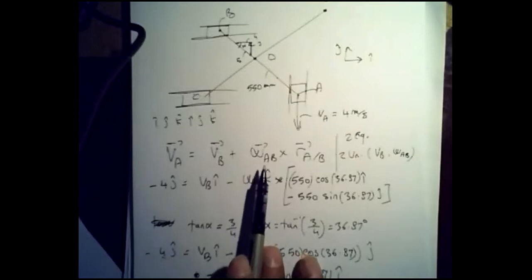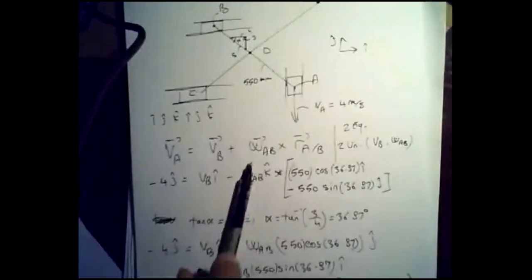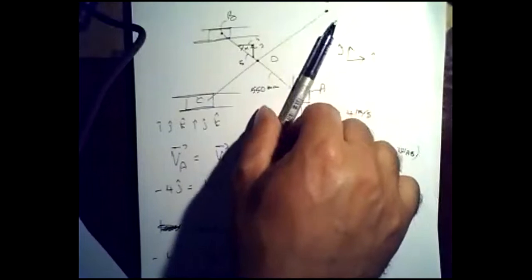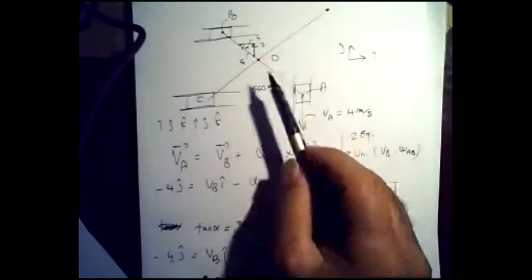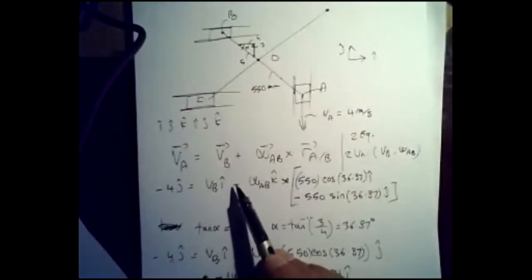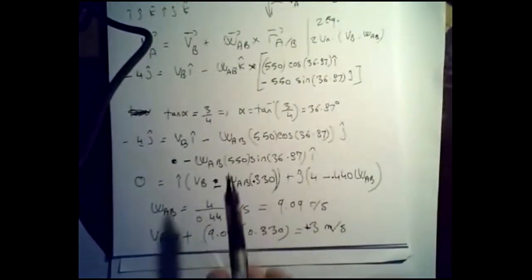Okay, so I think what we did is we assumed omega AB is positive like that, right? So here we assumed this guy is rotating like that, and indeed the answer is positive. That means that our assumption that this link is rotating in the opposite k direction is correct. But you could also put k to be positive, and then this guy would be positive here. And when you actually solve for everything, you're going to end up here with a minus, meaning that this link is rotating in the opposite direction.